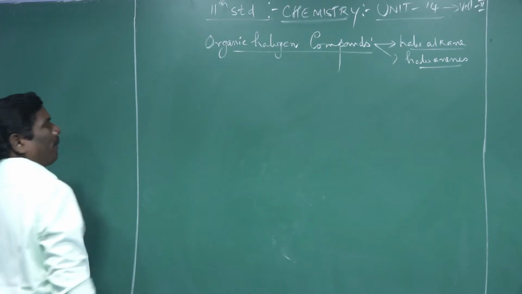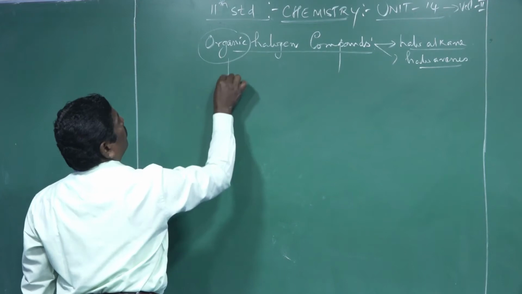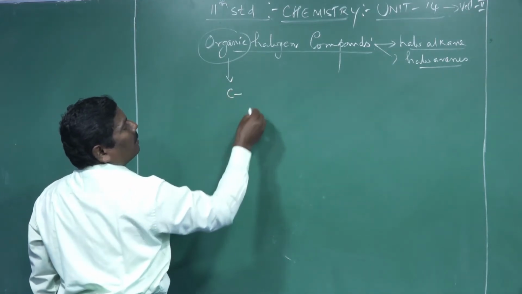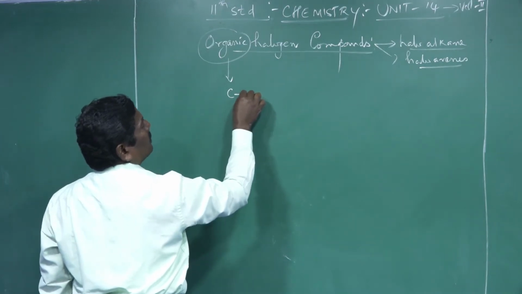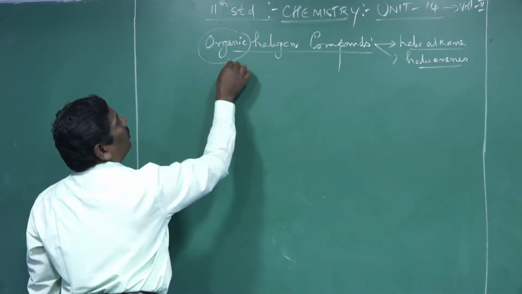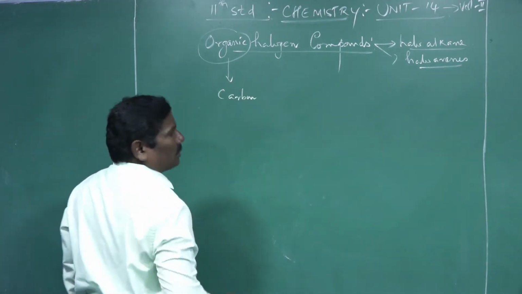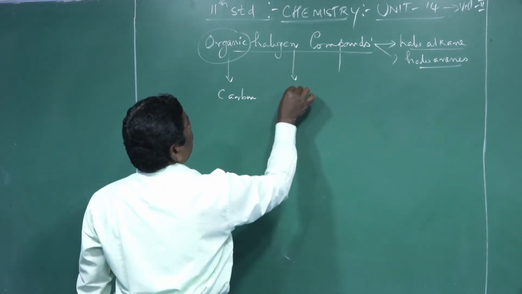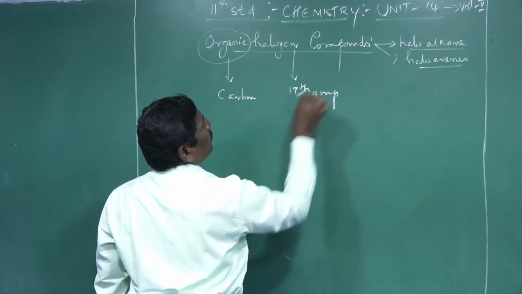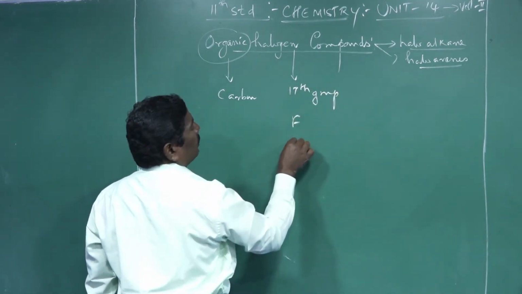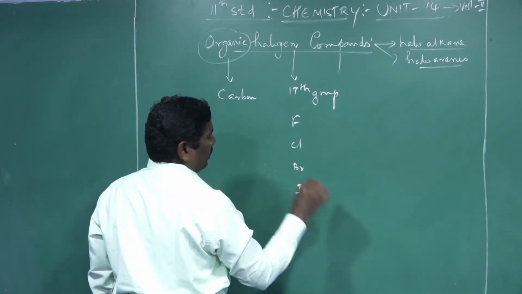In this chapter, be very clear about what organic halogen compounds are. Organic means carbon. Halogen means the 17th group: fluorine, chlorine, bromine, iodine, astatine.